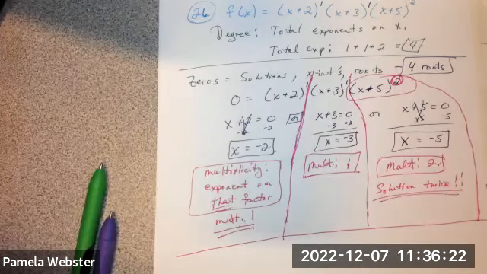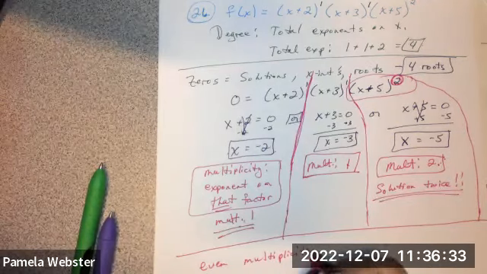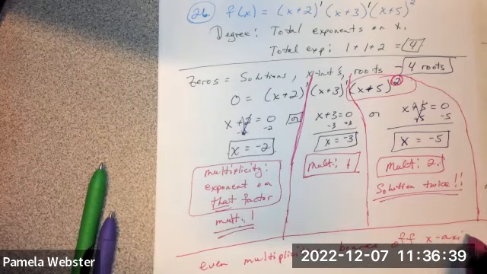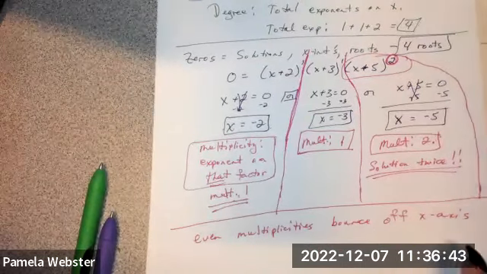The next piece says, does it cross or does it touch? If it is an even multiplicity, it will bounce off the x-axis. I'll show you the picture in a minute. Even multiplicities bounce off the x-axis.